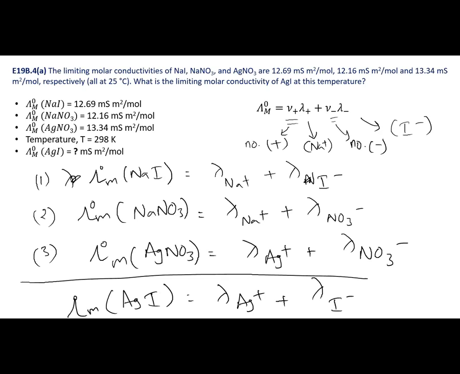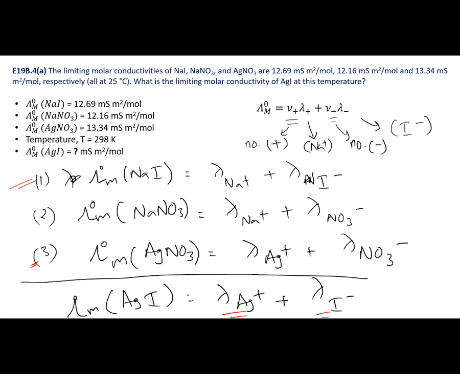So how do we proceed from here? If you look at this final equation, we have Ag plus and I minus. If you look back at these two equations, Ag plus is coming from equation 3 and I minus is coming from equation 1. So for sure, we know that we have to add 3 plus 1.